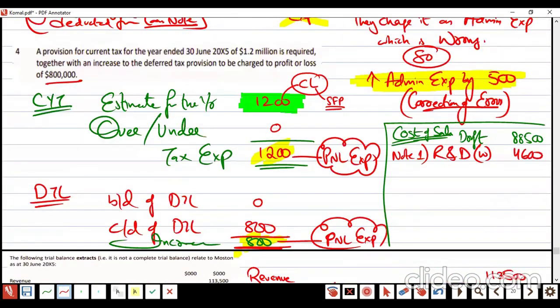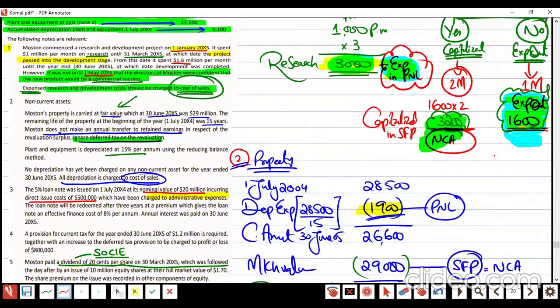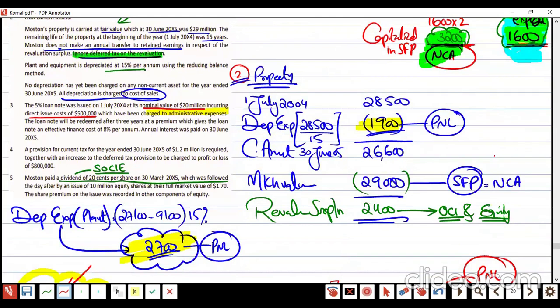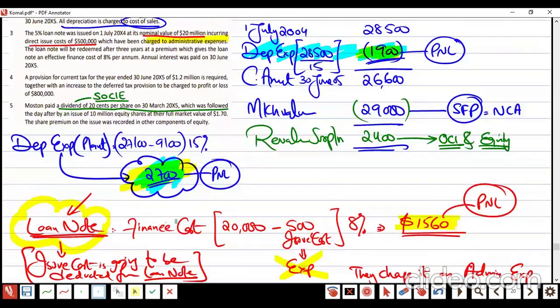4,600. In the depreciation note, they said that all the depreciation needs to be charged to cost of sale. So this one is the depreciation, 1,900, then 2,700, right?